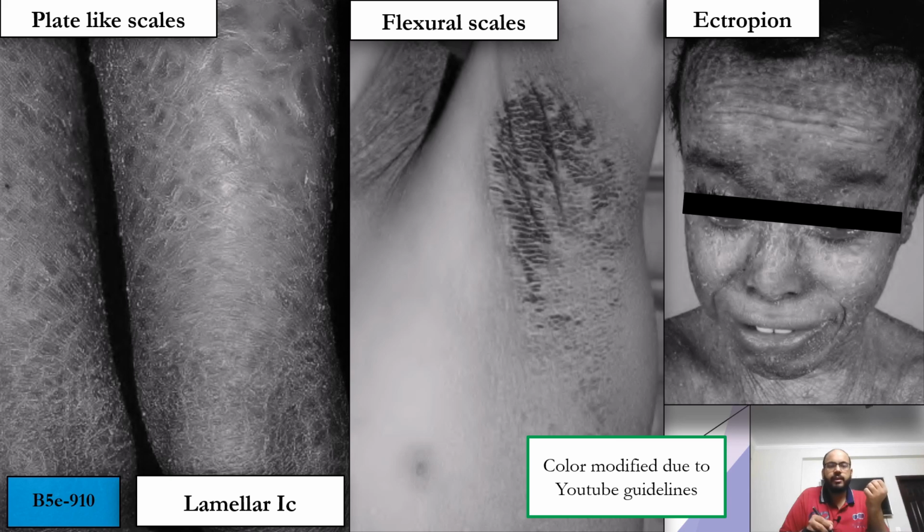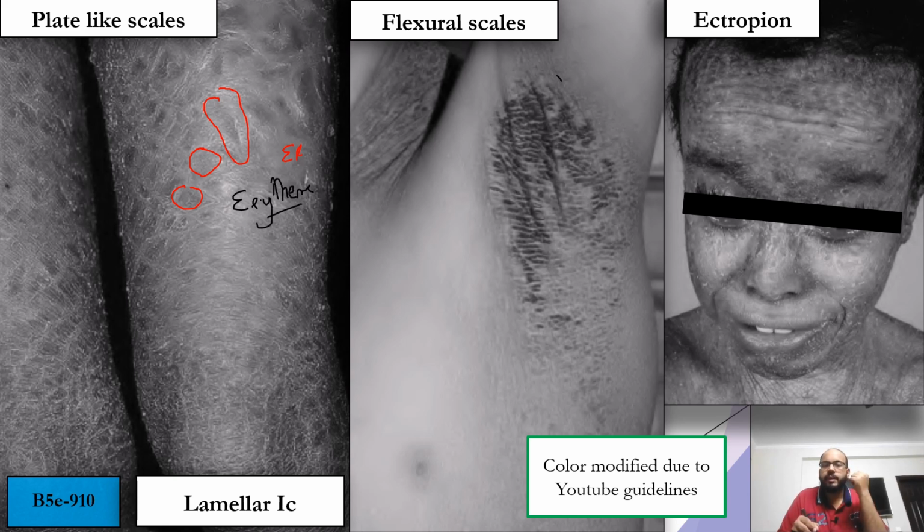So this is lamellar ichthyosis. You can see thick plate-like dark scales and this background erythema. And this background erythema is what differentiates it from X-linked ichthyosis. In XLI, you don't have background erythema, isn't it? But in lamellar ichthyosis, background erythema is present, at least in the initial stages. So this erythema can be seen.